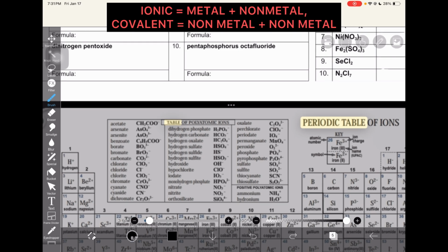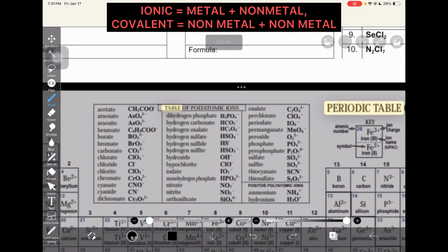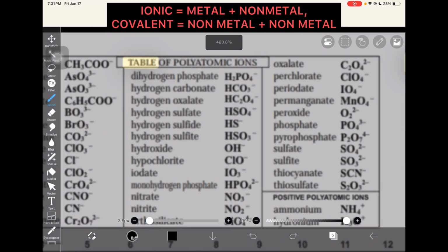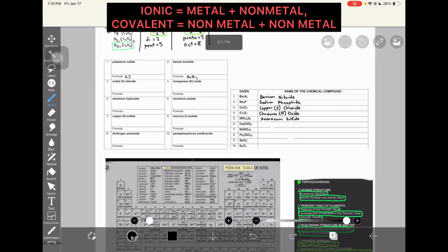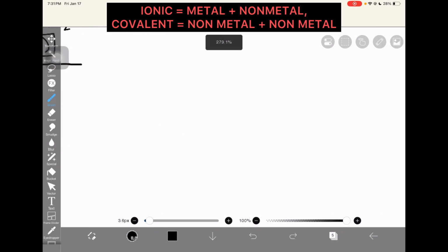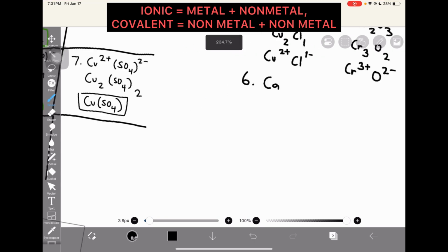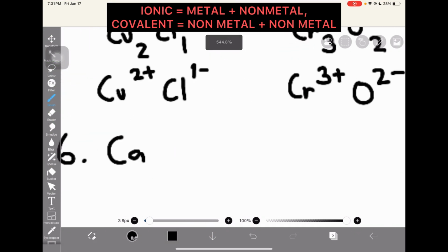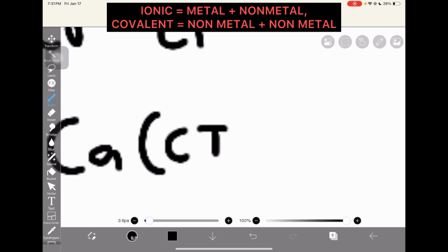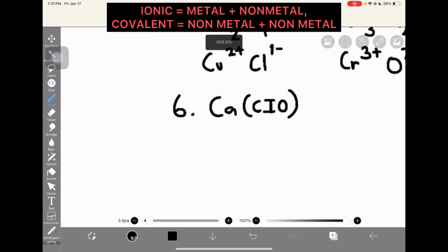ClO is hypochlorite. So here we have calcium. Let's try to simplify this. Number 6, I believe. Calcium, then we have ClO. Is that 2?